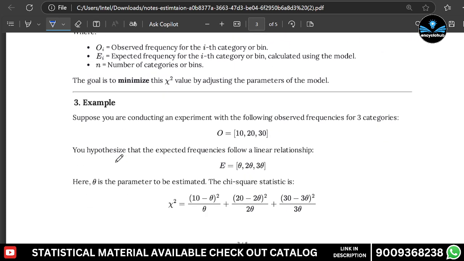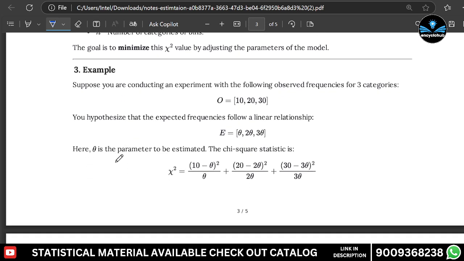Now, let's discuss an example. Suppose you are conducting an experiment with the following observed frequencies and three categories. Suppose we have O, which means that we have data 10, 20 and 30. And the expected ones are theta, 2 theta, and 3 theta, and this is actually expected under a linear relationship.